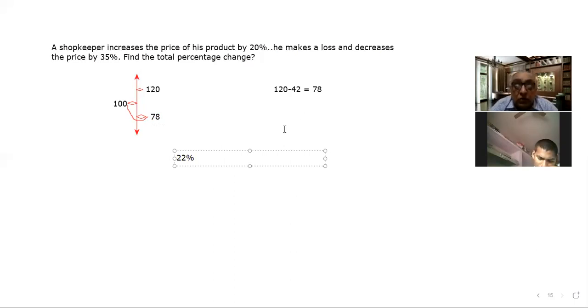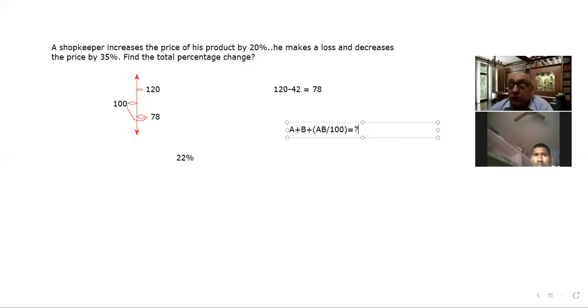And the other way to solve is the same formula, a plus b plus ab upon 100, right? So this is equal to the total change. Okay, so here a is positive 20% and b is negative, which is 35%, right? So that will be that. Okay, so this is there. Done.